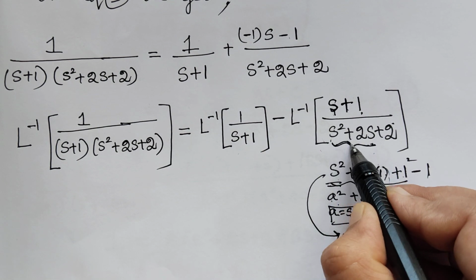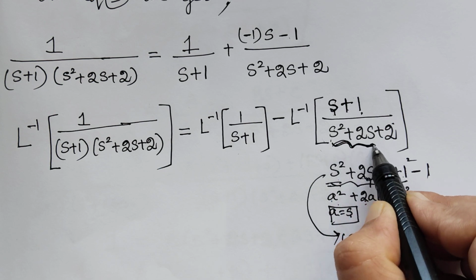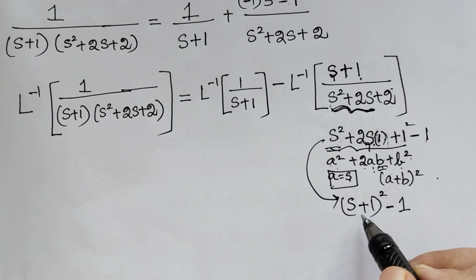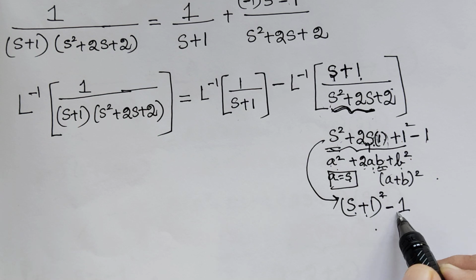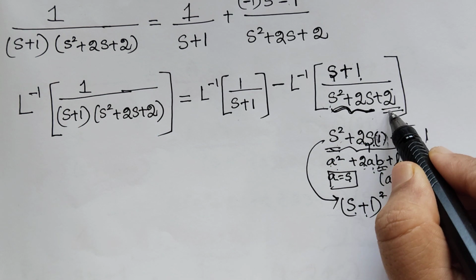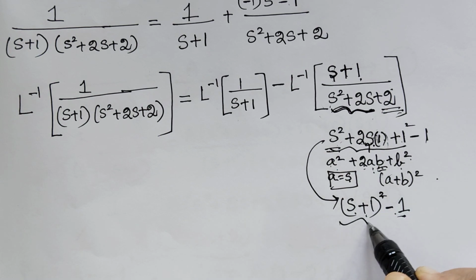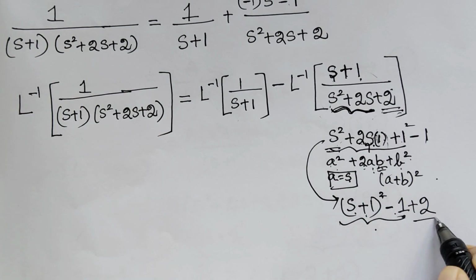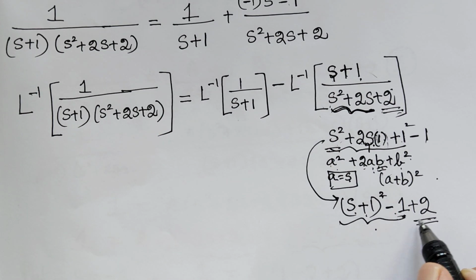So these two terms I have taken separately and made a perfect square, and I have obtained it as s plus 1 the whole square minus 1. And this plus 2 we have, which when we add with this term, we get the denominator of this term. So if I add that plus 2 over here, minus 1 plus 2 will give us plus 1.